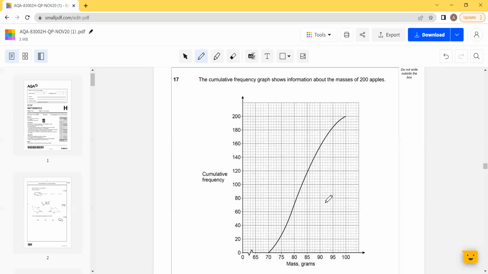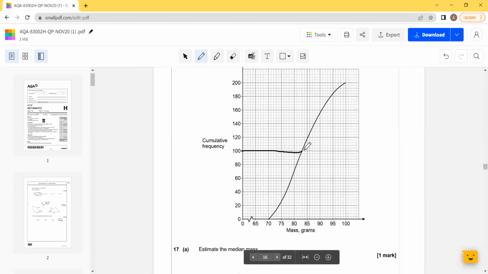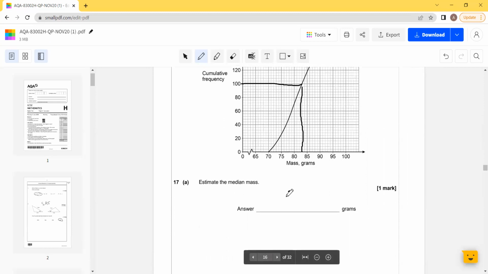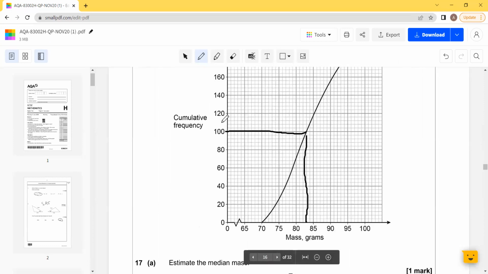Okay, so if I read off at 100, it is somewhere between these two values. So if I read off, it's about 82.5 grams. Okay, so all you have to do is see where 100 was and read off the mass.